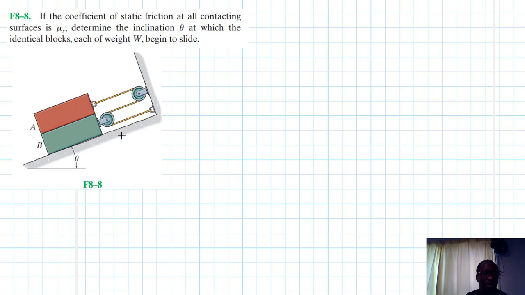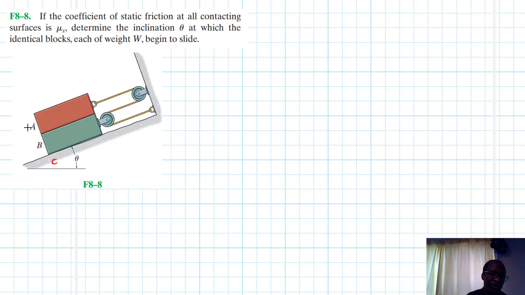Alright, so we have two blocks, and these blocks have equal weight, and they have equal coefficient of friction between the contacting surfaces. We have two of them: between A and B, and between B and C. Let's call this other contacting surface C. So we are going to have two cases here that we're going to check for.